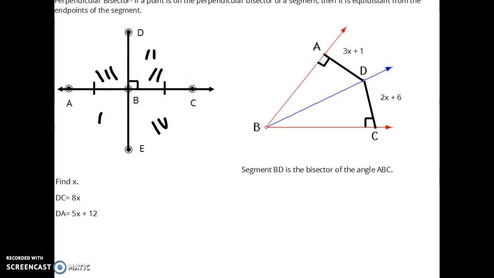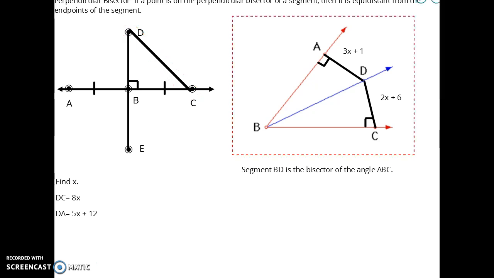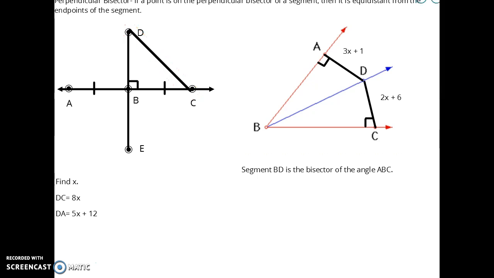With that being said, the question says here, find X. We're going to find X when DC, which is not connected, but we're going to draw a point here, is 8X. And DA is 5X plus 12.